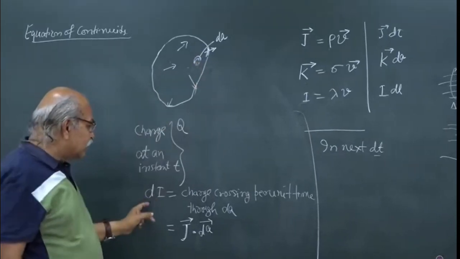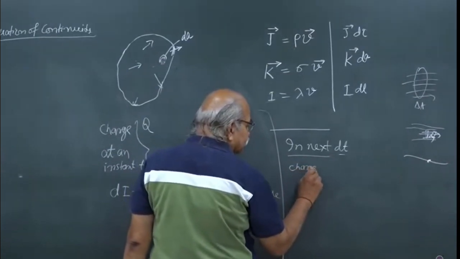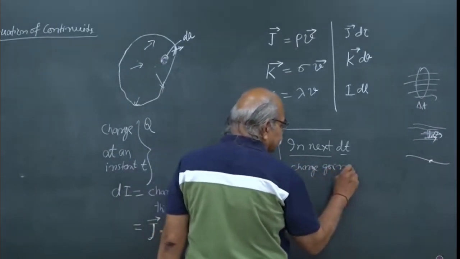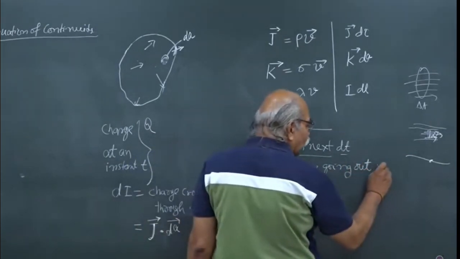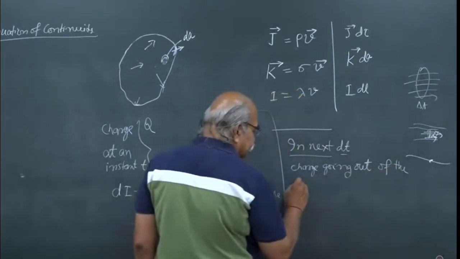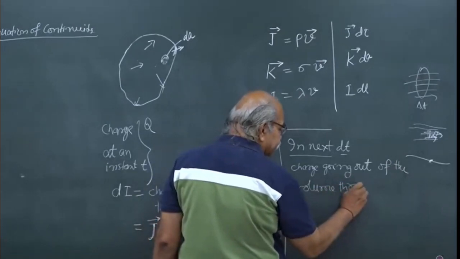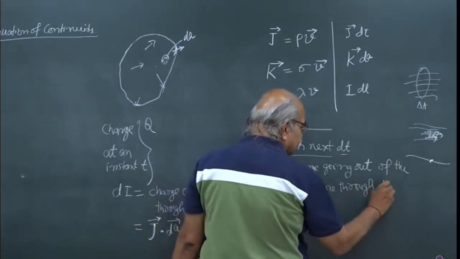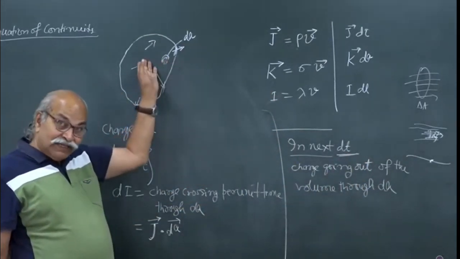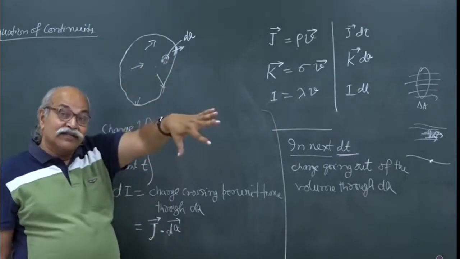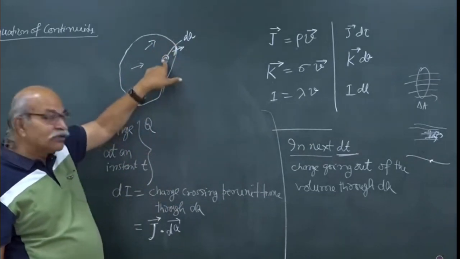Since this is current, the charge going out of the volume through dA in time dt, the charge which is going from inside the volume to outside in time dt, that much charge has gone out of this volume through this area dA.